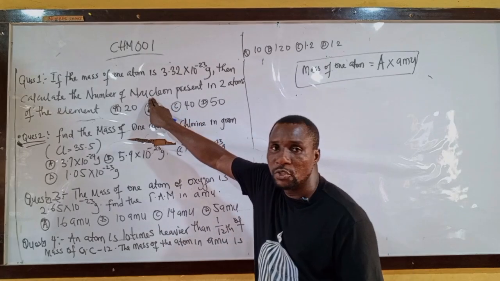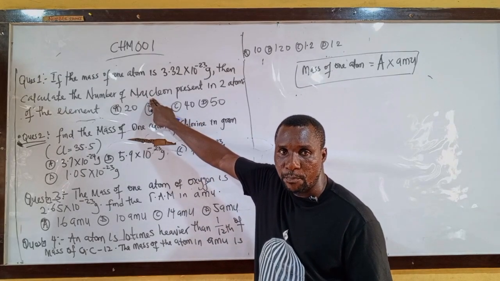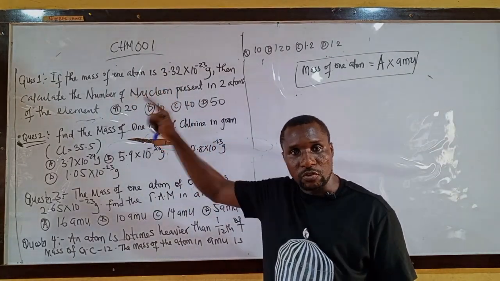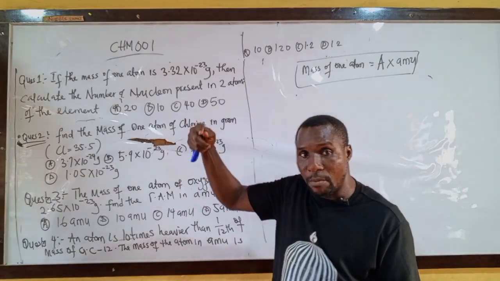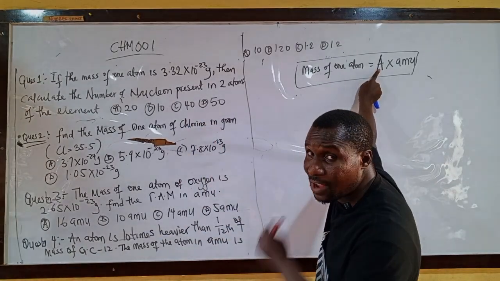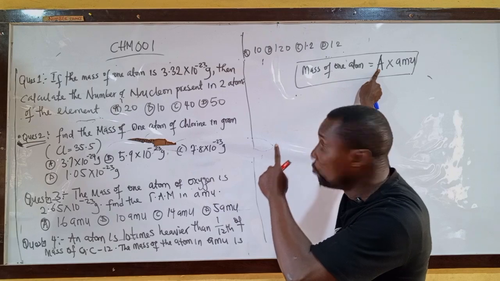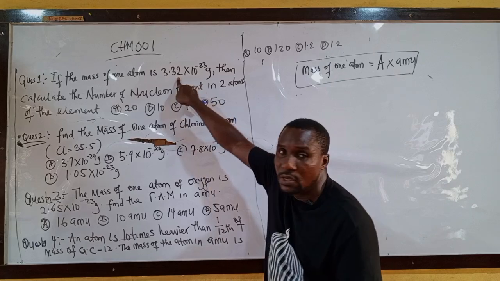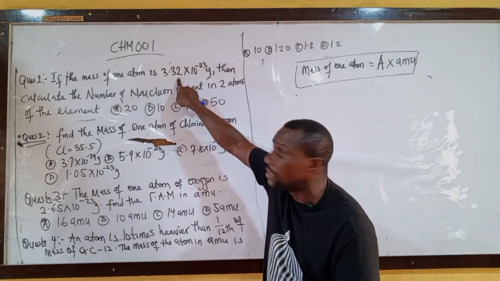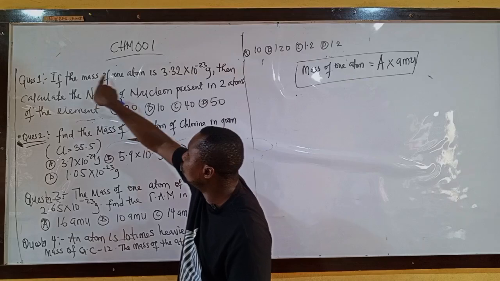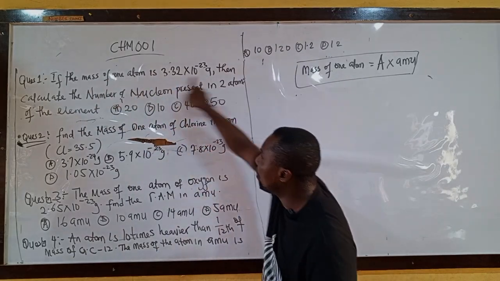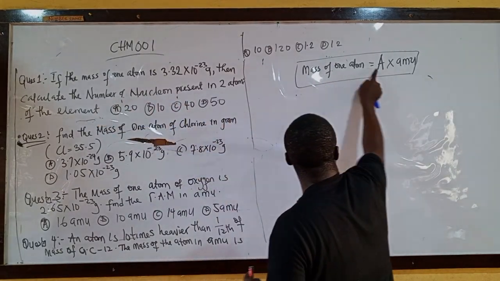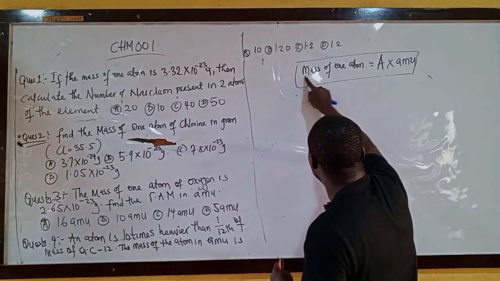Number of nucleons means proton and neutron, which means the mass number, A. They want you to calculate A, that is the number of nucleons, given the mass of one atom.